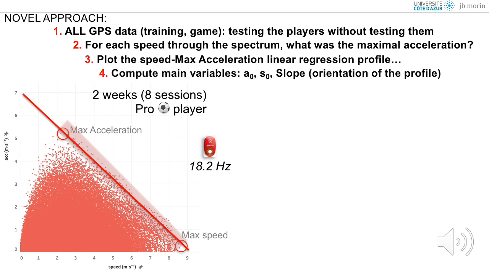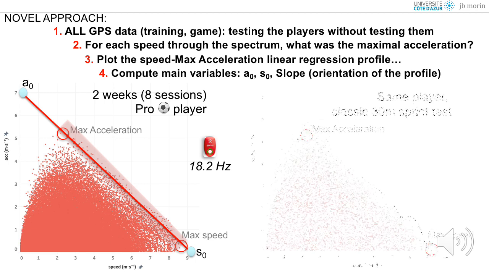You can extrapolate the values and compute two more variables, A0, which is the theoretical maximum acceleration of the profile, and S0, which is the theoretical maximum speed. So A0 and S0 describe that player's capability over that 2 weeks period.